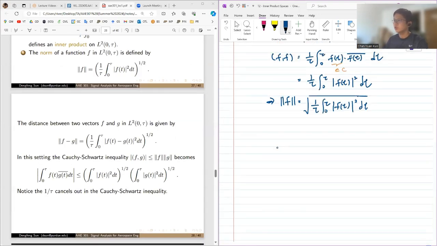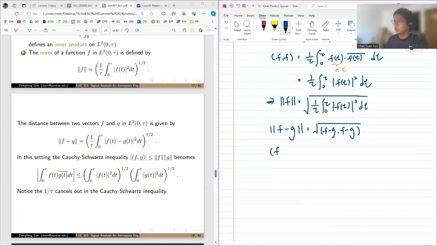And we can also measure the distance between two vectors in the Lebesgue space. The distance between f and g is the square root of the inner product of f minus g and f minus g.